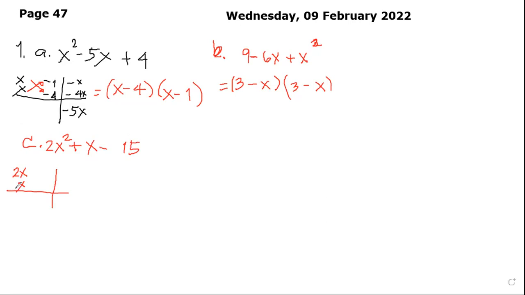Factors of 15, we can have 3 and 5. When we multiply, 2x times 3 is 6x, and x times negative 5 is negative 5x. So therefore, you get now 1x. So that is the middle term. So cross pair. Therefore, our factors will be 2x minus 5 and x plus 3.